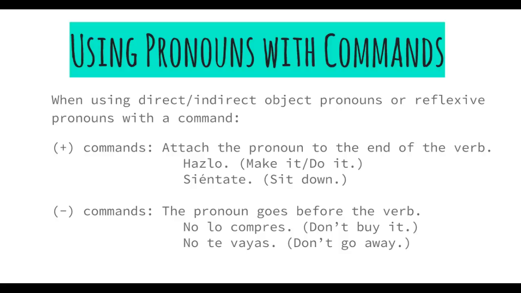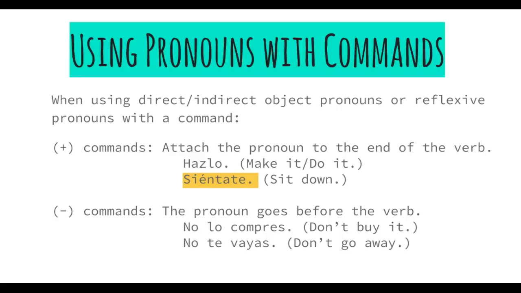One thing you might have noticed on this page is that siéntate has an accent over the E, and you wouldn't typically have an accent on this verb. The reason that this accent mark has been added is to simply help you with your pronunciation and to make sure that the stress is still on that same sound that it was originally on.